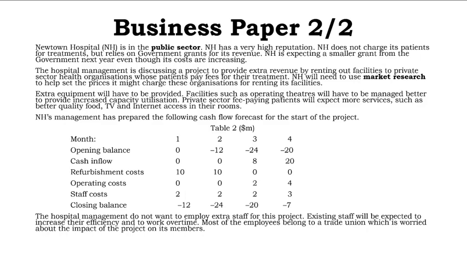Then there is a cash flow statement given, and they have highlighted that the hospital management does not want to employ extra staff for this project. It means they are trying to employ the existing staff.